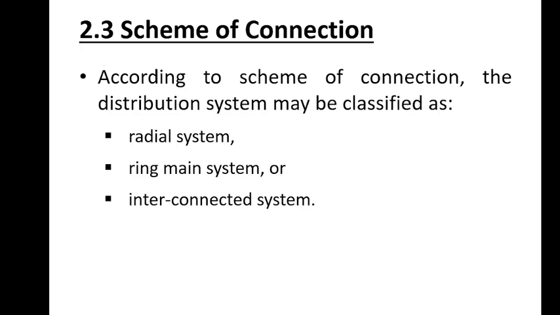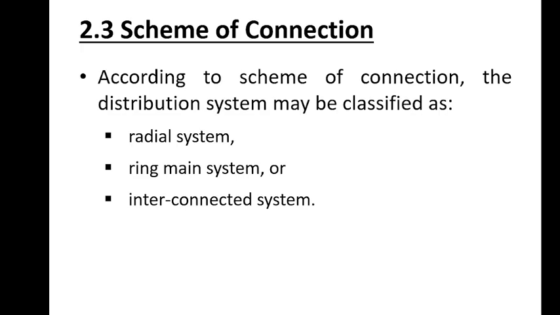environmental, and social considerations. Okay, this slide introduces the classification of distribution systems based on the scheme of connection. In electrical power distribution, the way in which feeders and loads are interconnected plays a crucial role in system performance, reliability, and continuity of supply. Based on this, distribution systems are generally categorized into three main types: radial systems, ring main systems, and interconnected systems. Each configuration has its own advantages and limitations.